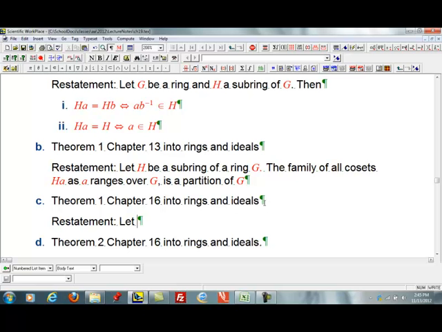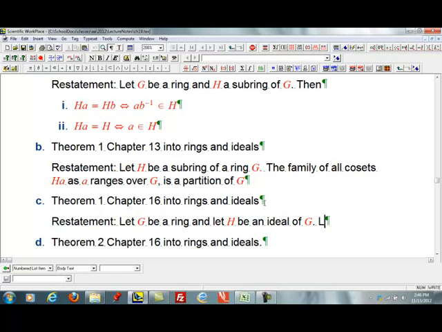Let G be a ring. And they are talking about quotient groups here. Quotient groups come from a special subgroup. We're going to have ideals here because they come from normal subgroups for quotient groups, so the quotient rings have to be from ideals. So let H be an ideal of G.